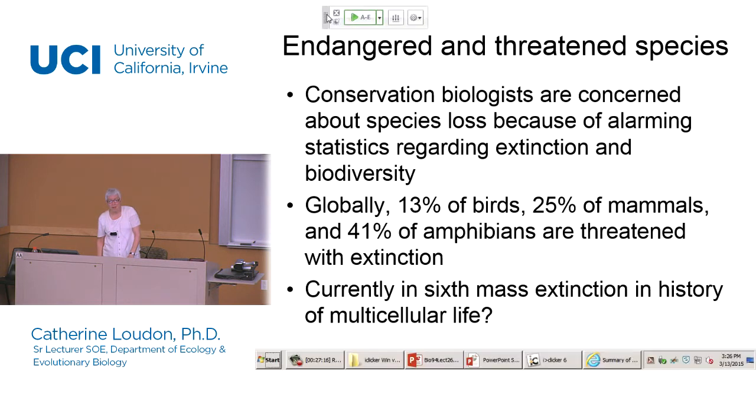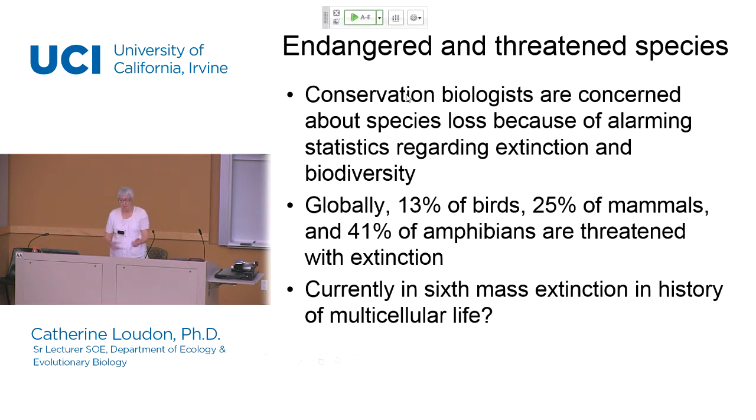So it's not just the passenger pigeon, of course. There are a number of different species that conservation biologists are worried about, and in general the extinction rates globally are high enough that they do worry conservation biologists. This is why, for example, your book describes the current extinction rate as being on the same order of magnitude as some of the other major extinction events in the history of multicellular life.